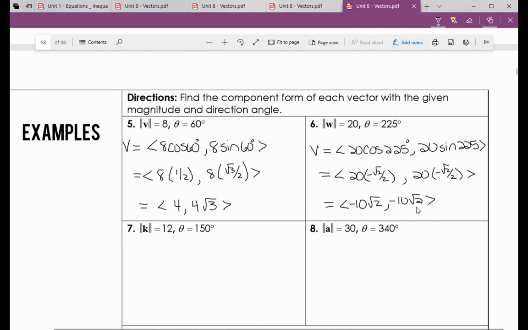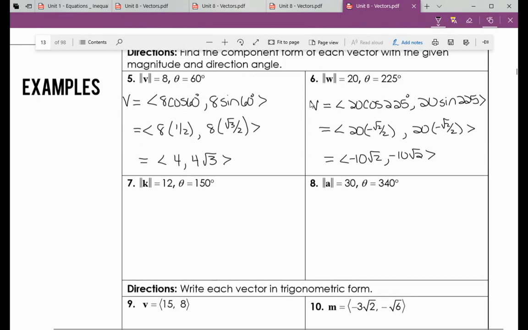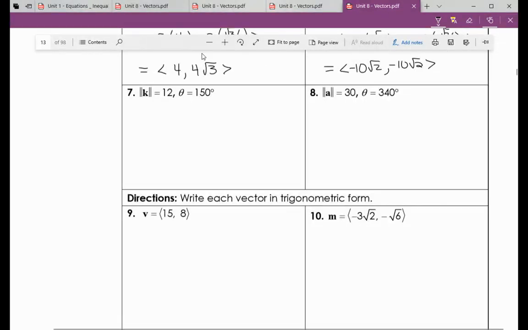All right, the next two problems are basically the same thing. I apologize up here, I did not use the right letter, we're doing vector w, not v. So here I'm going to do vector k. My component vector would be 12 cosine 150 and 12 sine 150.